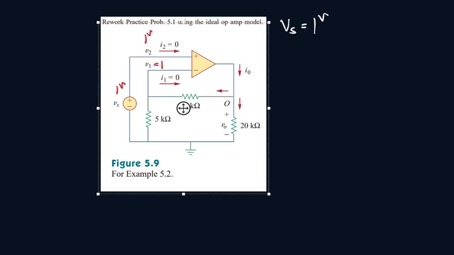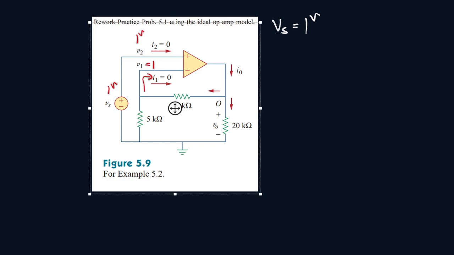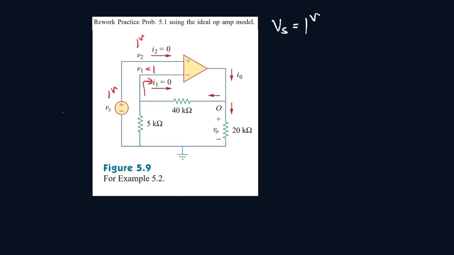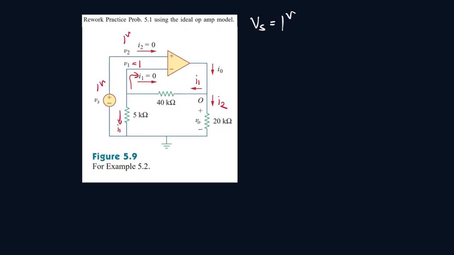So we see that the current through this wire is going to be 0. That means the current entering here will be equal to the current leaving here. Okay? So let's call this I1, and this portion will also be I1. Let's call this I2.